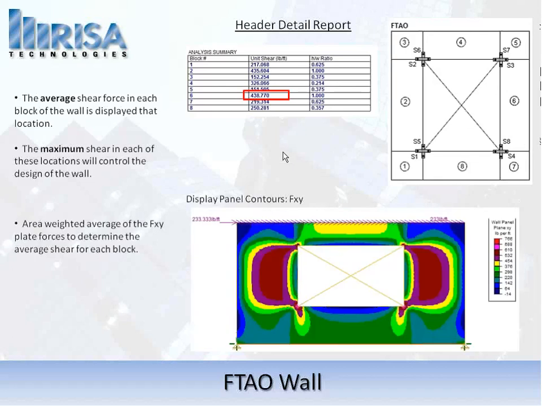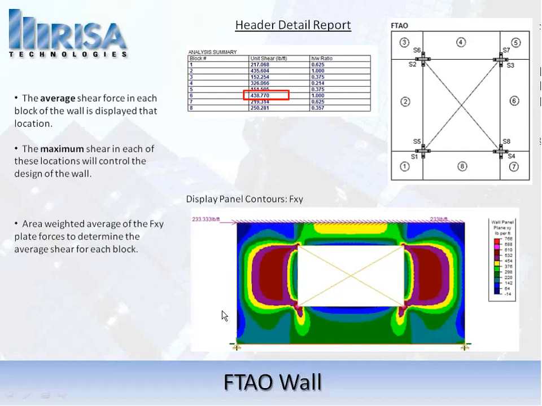We can also confirm that by looking closer at this wall. We can just zoom in and take a look at what we've got. What we have here is a contoured map of this wall. The area weighted average of the FXY forces is used to determine the average shear in each block. So in order to justify the average forces displayed in the header results, you may want to turn on your contours.